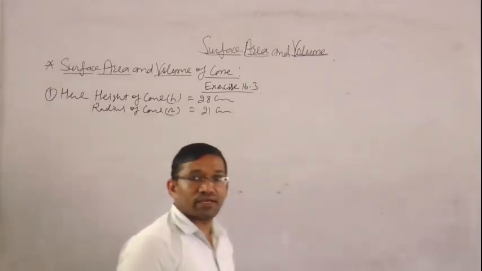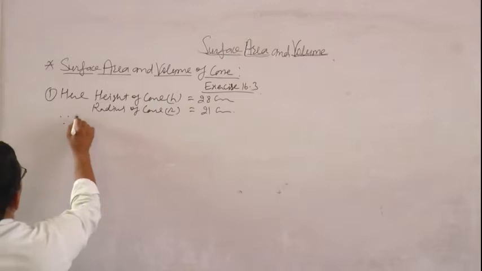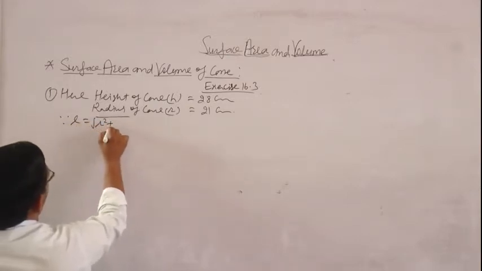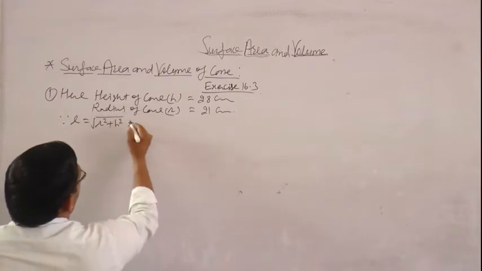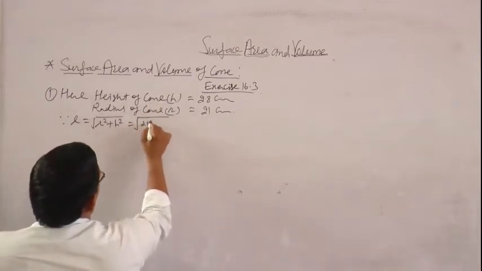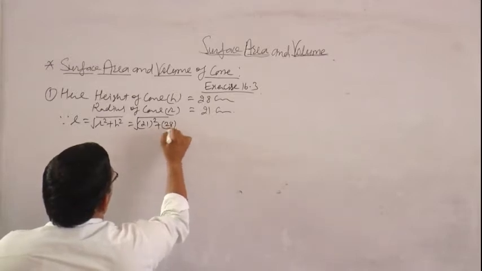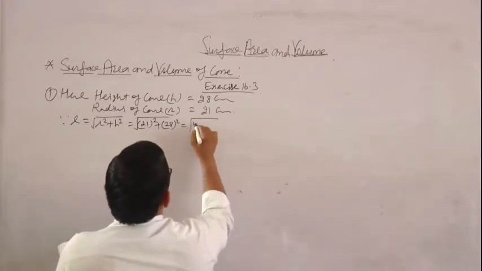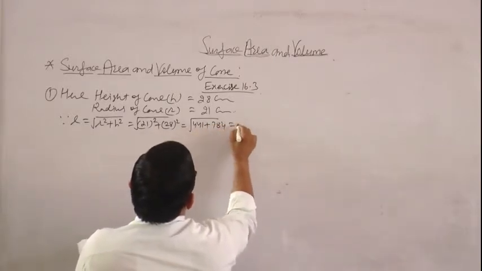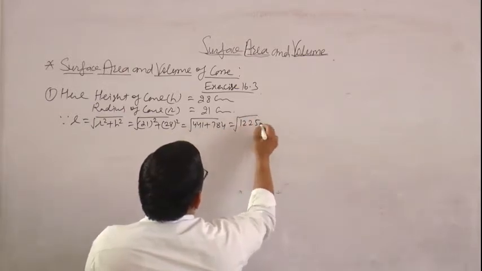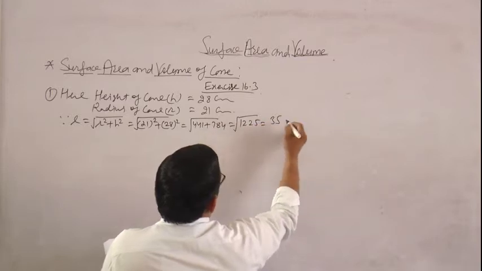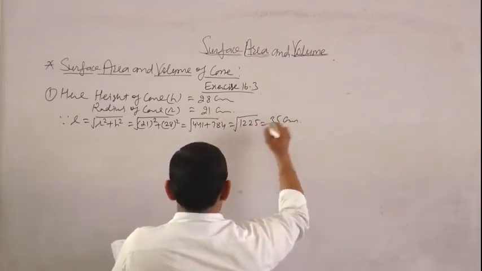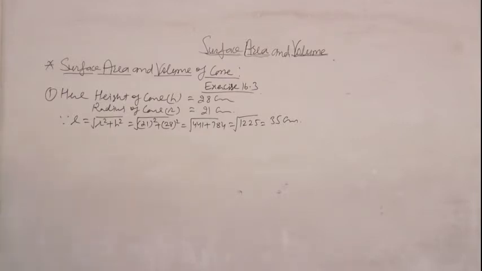So first we find out slant height, because L is equal to square root of R square plus H square, is equal to square root of 21 square plus 28 square, is equal to 441 plus 784, is equal to 1225, and square root of 1225 is 35 centimeter. So slant height L is 35 centimeter.